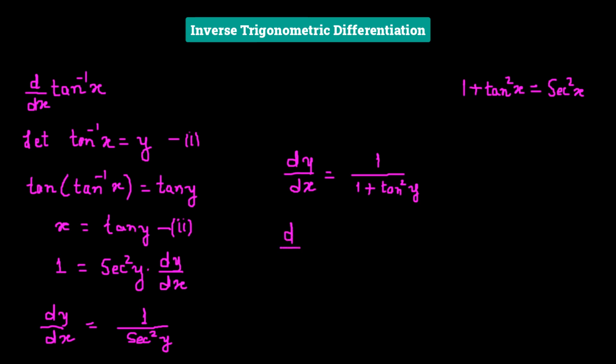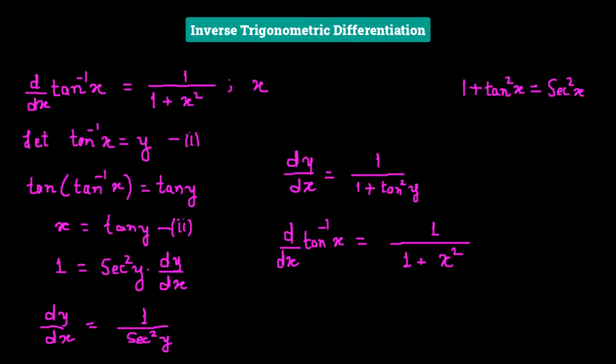So we get the derivative of tangent inverse of x equals 1 divided by 1 plus, using equation number 2 and substituting tangent of y with x, x squared. So the derivative of the inverse tangent function is 1 over 1 plus x squared, and the value of x will be all real numbers.